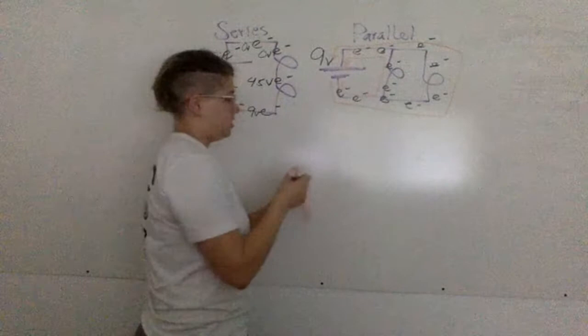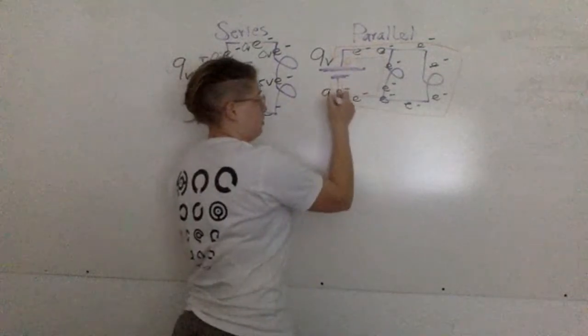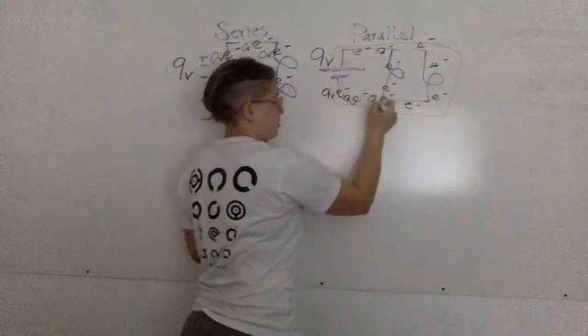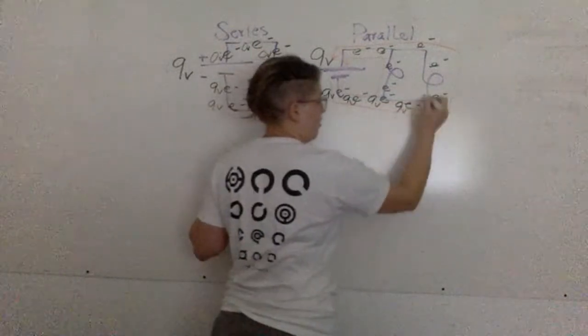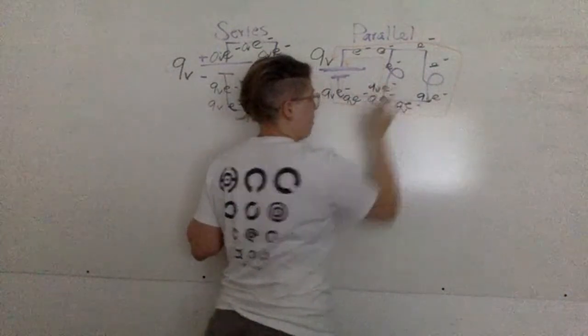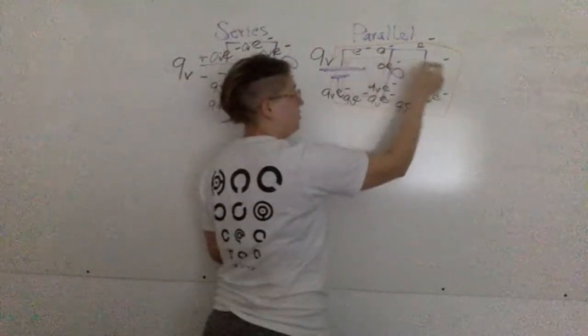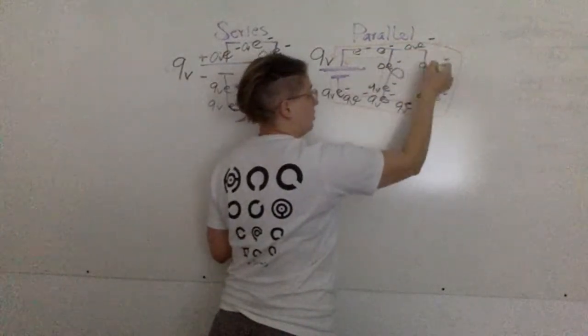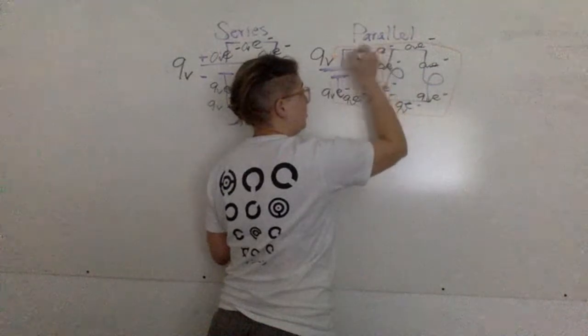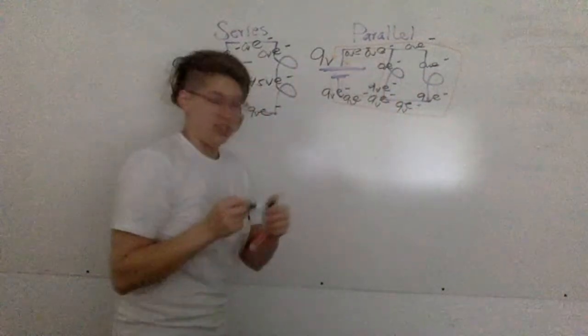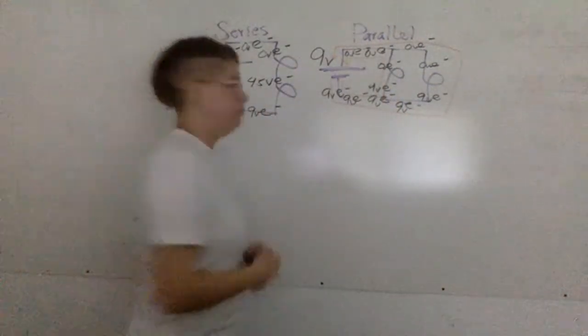So each electron still starts with 9 volts. But since they only go through one, all of their energy is released at that light bulb.